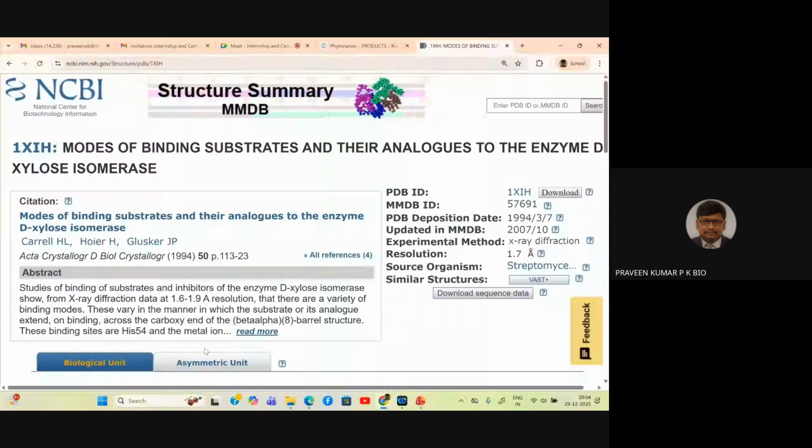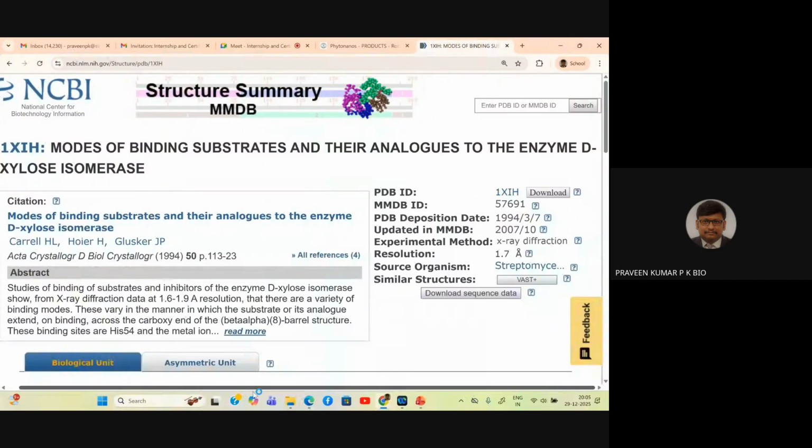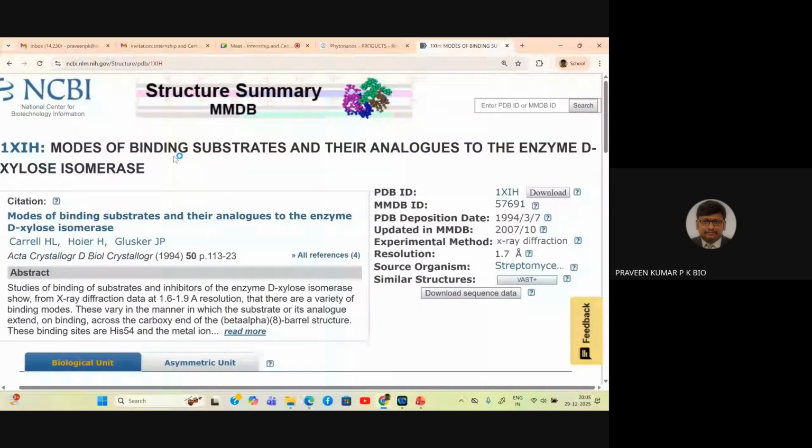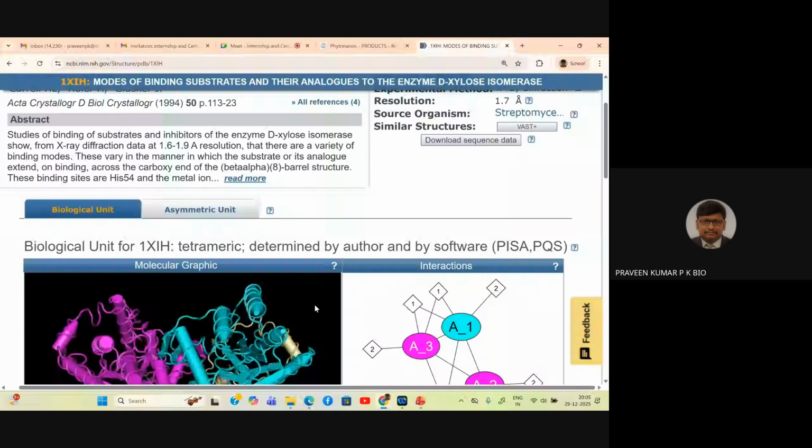Now we got some information about 1XIH. This is D-xylose isomerase. Most protein structures are complexed with ligands, some drug molecules. Here also it is complexed with the binding substrate and analogs.